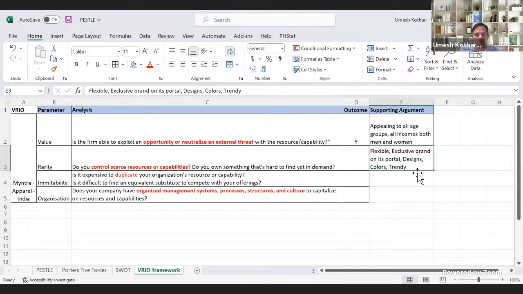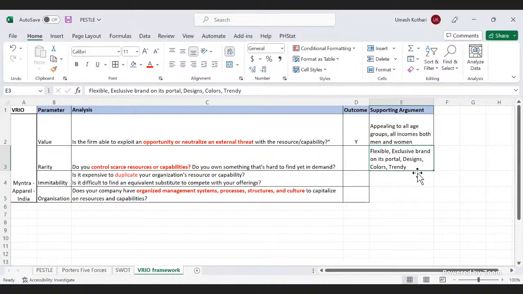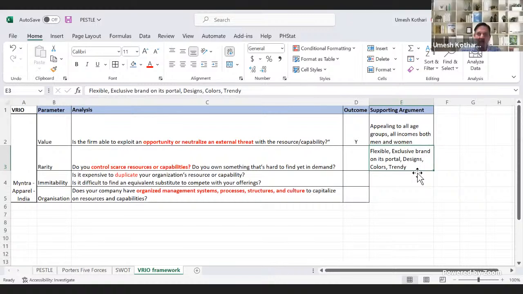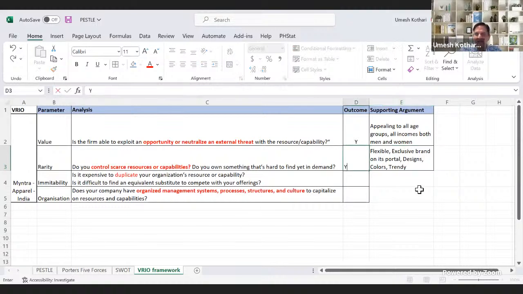So do we agree with that, or do we remove it from here? Yeah, we agree, because they are offering around 5 lakh plus products and 5,000 plus brands. So it could be a case of rare. Based on this logic, the answer that we're going to say is yes.